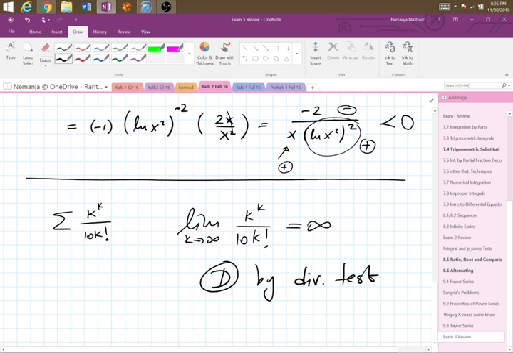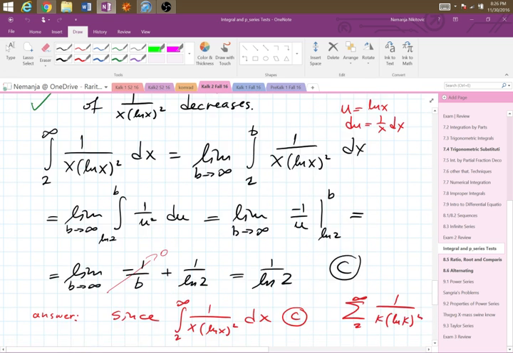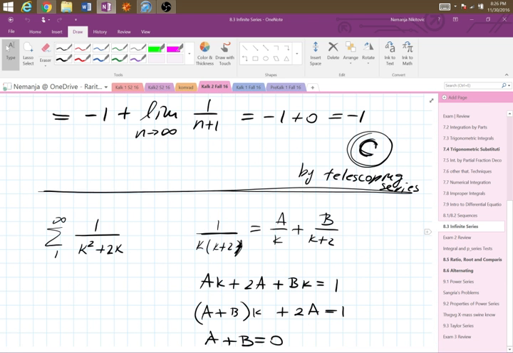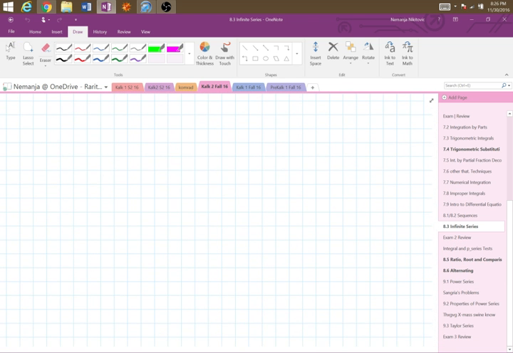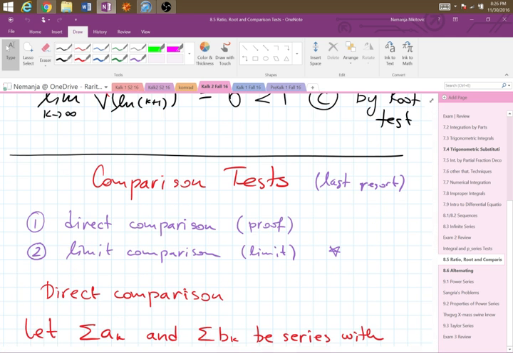Yes? Is this something we were supposed to know, the k to the k and so on? Yes, because of the growth rate of functions. That was the question. I believe we did that one before the second exam. Let me find it so you can read it. Oh, yeah, I remember it. In 8.2.